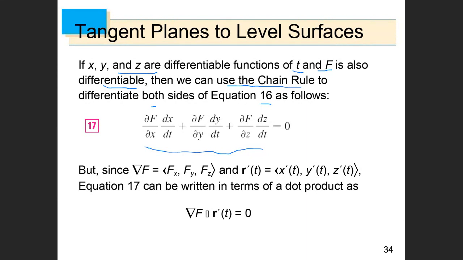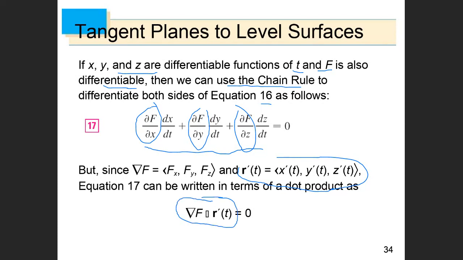Okay? But in fact, what you have here, the dx over dt, dy over dt, and dz over dt, the partial derivatives of F, is just the gradient of capital F, and the derivative of r(t) is given by these components, x prime, y prime, z prime. Then what you can say is that this gradient multiplied by r prime of t equals 0.